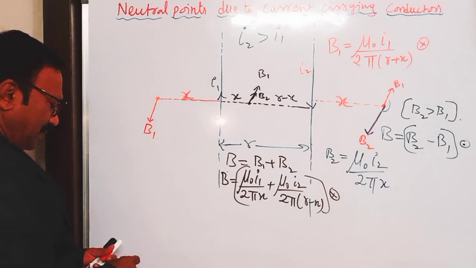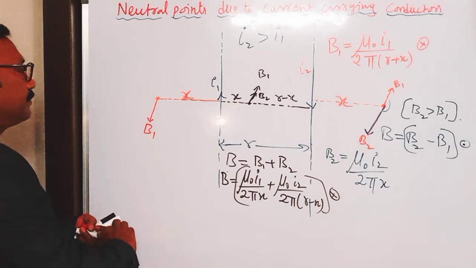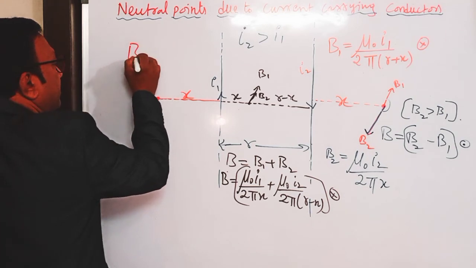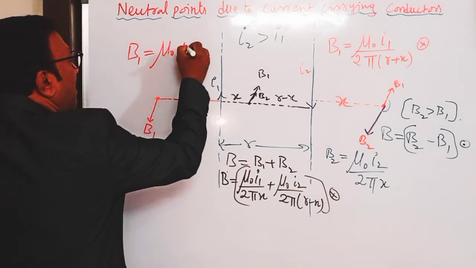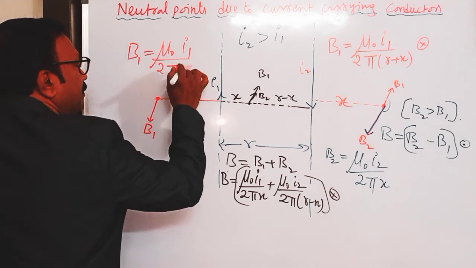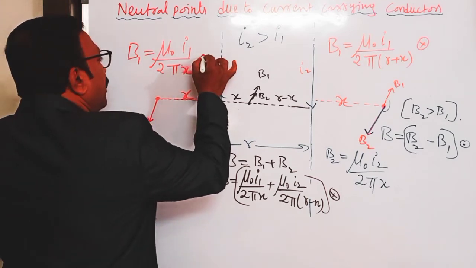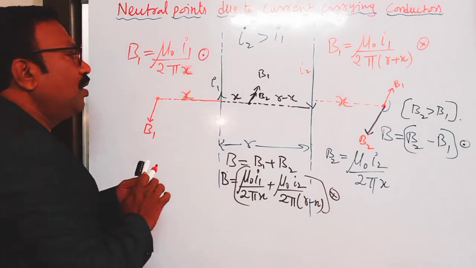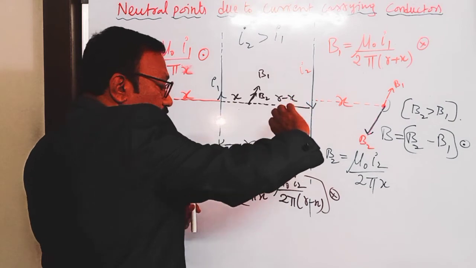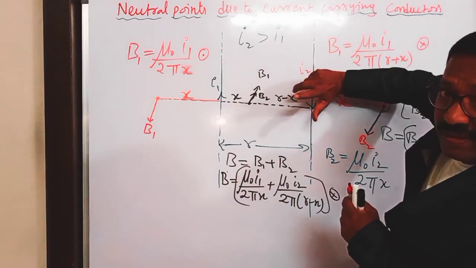Now, how much is this outward field? You know already the formula, isn't it? B1 is mu naught I1 divided by 2 pi x. And it is outward. Outward means dot. What about this? This is the current and this is the field.